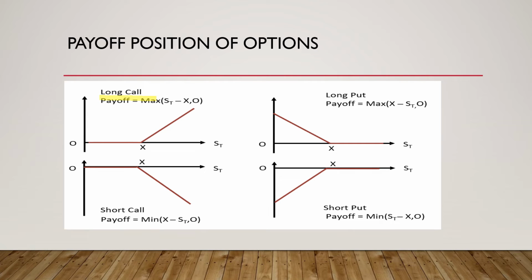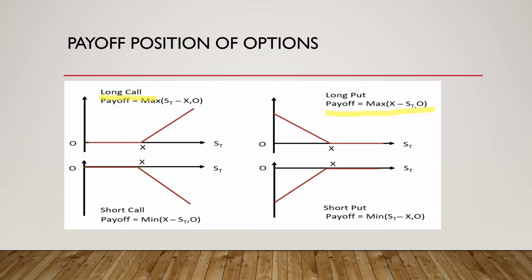Similarly, when it comes to the long put, where you are buying the put option, the payoff is defined like this: max of (X minus S_t, 0). Here X is the strike price, S_t is the spot price at the given time. If this value also becomes negative, then it will be considered to be just 0. So in the worst case scenario, both the buyer of the call and the buyer of the put have a payoff of 0.